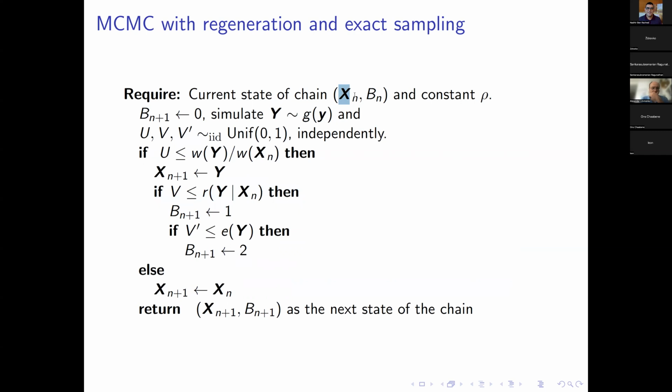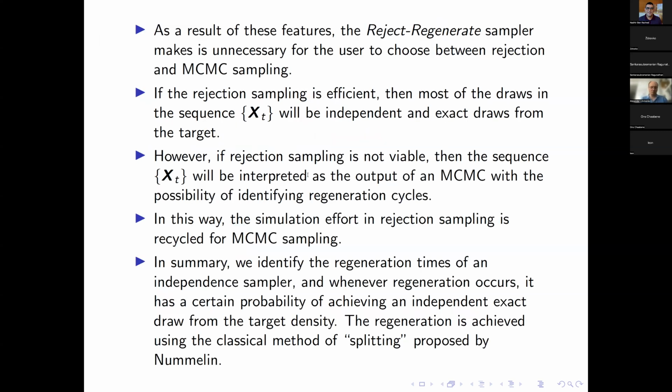It means that the Markov chain can be segmented into independent cycles. And that is very useful because we then have IID analysis. And if Bn is upgraded to take the value of 2, another event happens, then this xn is actually an exact draw from the target. So this is the advantage of this reject regenerative sampling.